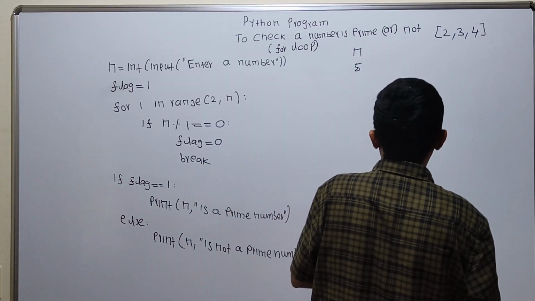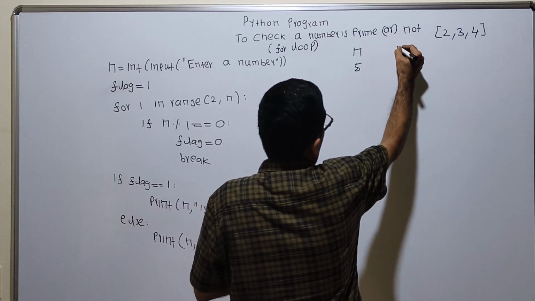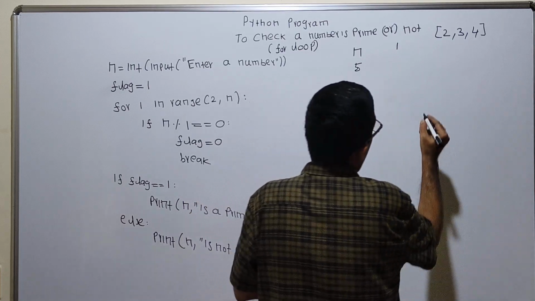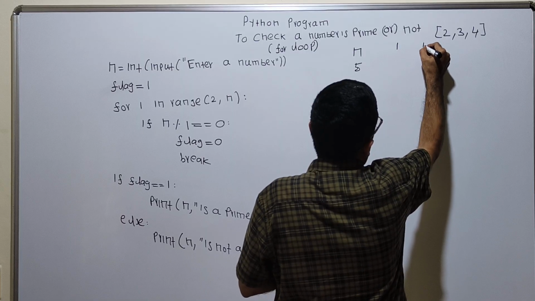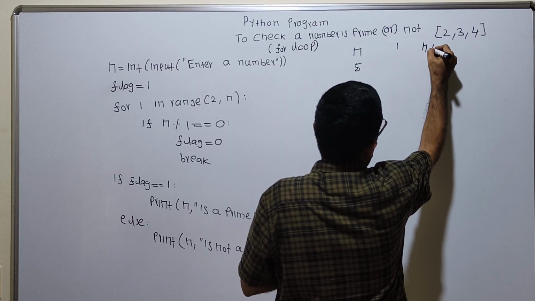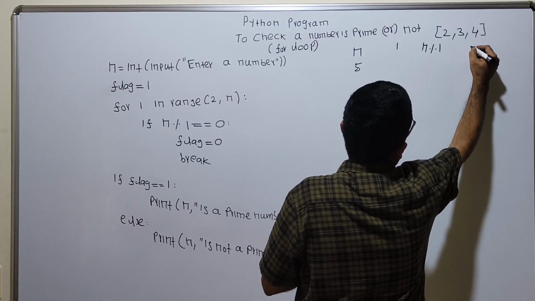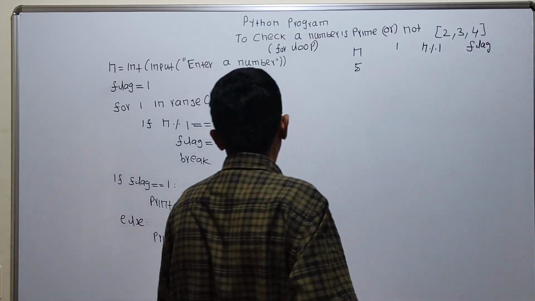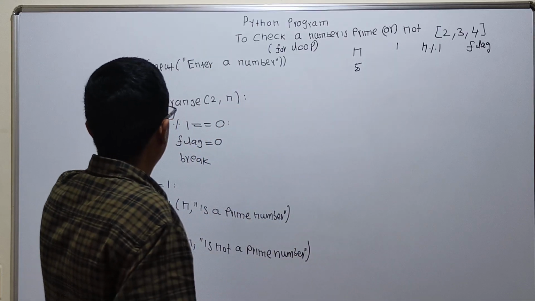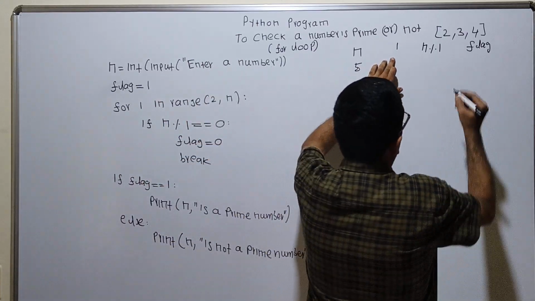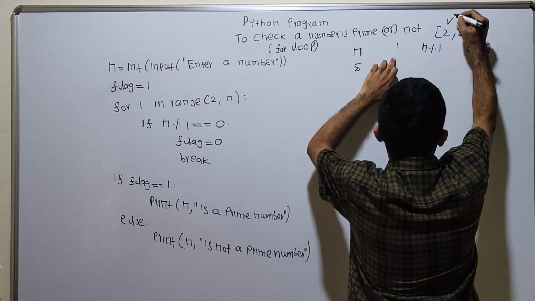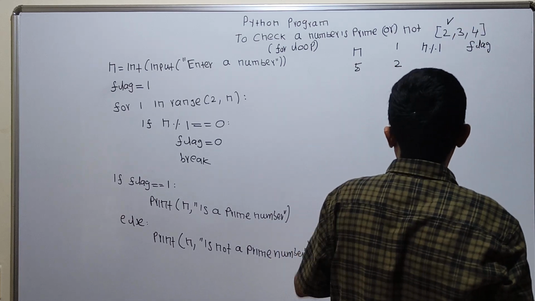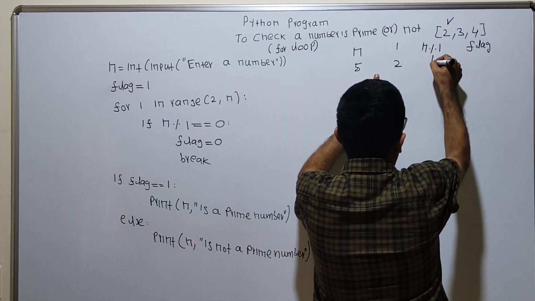So we are having an i value, the value of n modulo i, and the value of the flag. Now n is 5. In the sequence, I will take the first value, i is 2. So here 5 modulo 2, the remainder is 1.